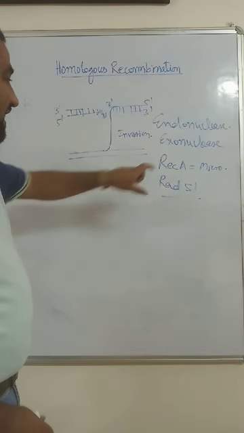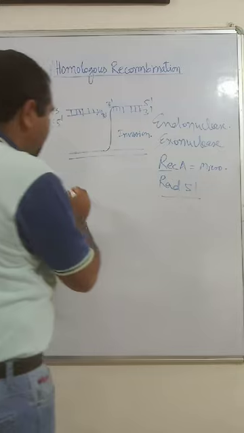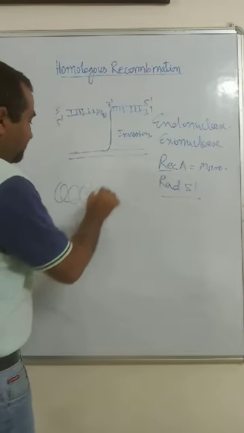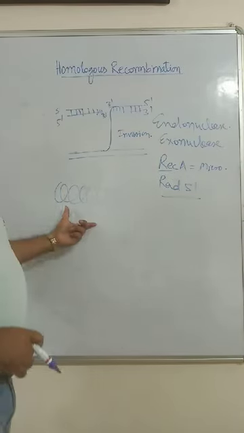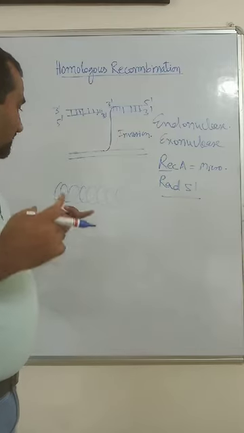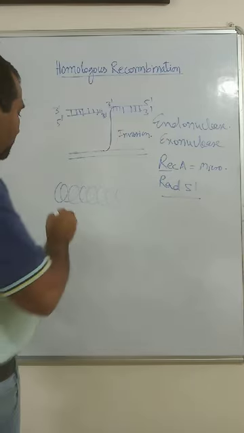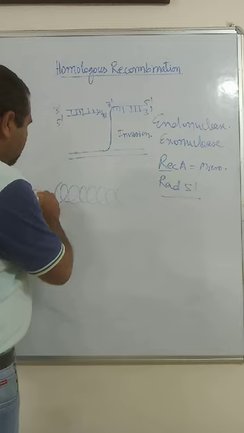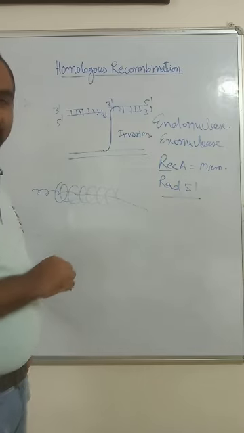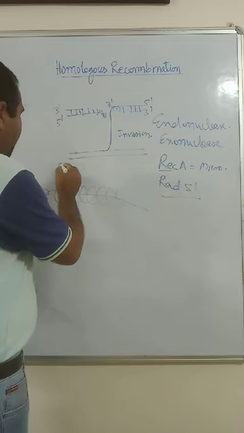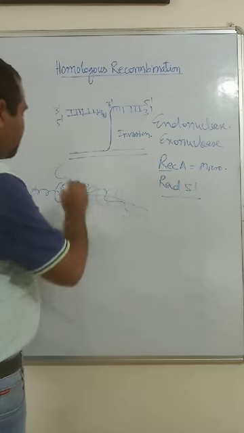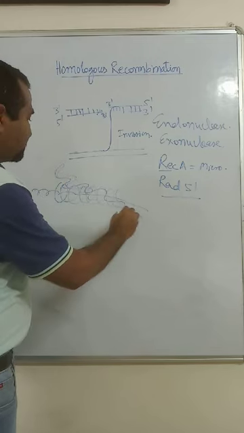So this RecA protein is just like this. This is a protein, and this protein has the affinity or ability to bind single stranded DNA, as well as it can bind with a double stranded DNA.